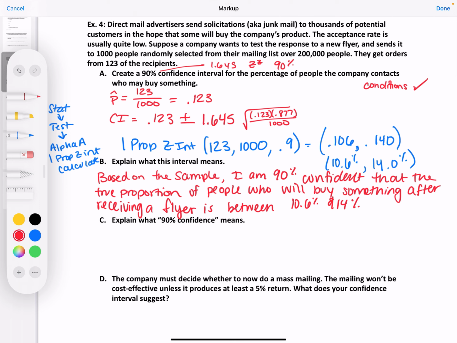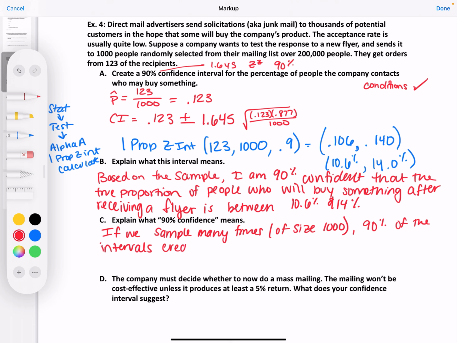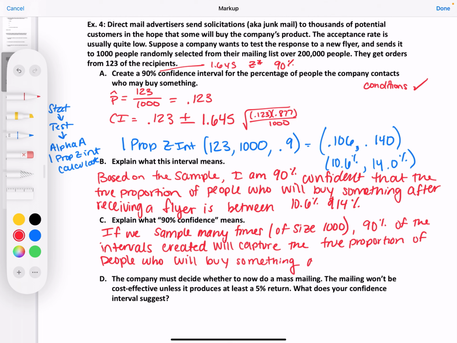Then it wants us to explain what a 90% confidence means. We can say that if we sample many times, of size 1,000, because it might be different depending on the sample size, 90% of the intervals created will capture the true proportion of people who will buy something after receiving a flyer.